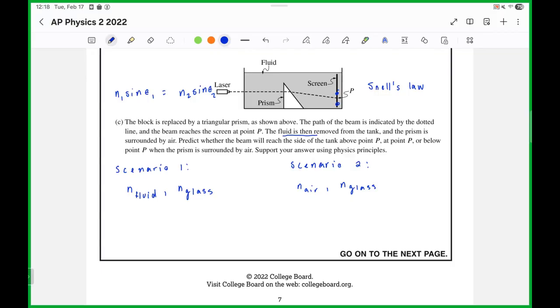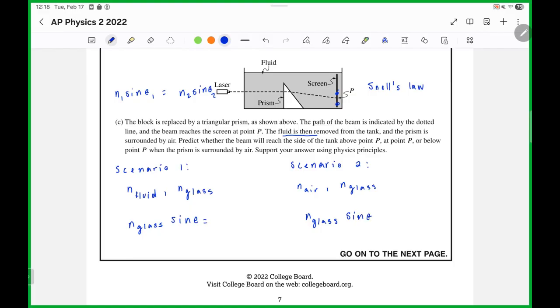In scenario 1 and scenario 2, we're starting off in the glass and our incident angle will be the same. Note there's no refraction up until then because we're hitting all of our surfaces right along the normal, when we're entering the tank and when we enter the prism. So in scenario 1, we'll say n glass sine theta 1, or let's just call it sine theta. And in scenario 2, n glass sine theta.